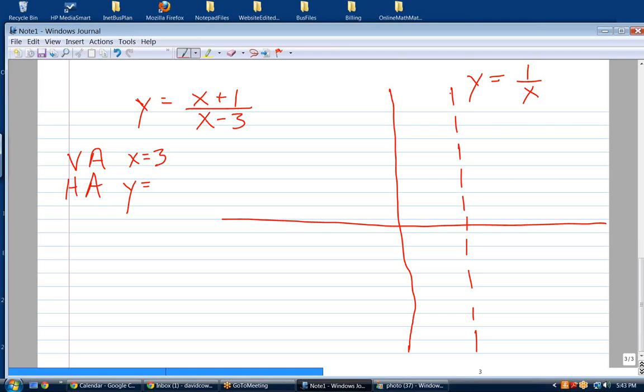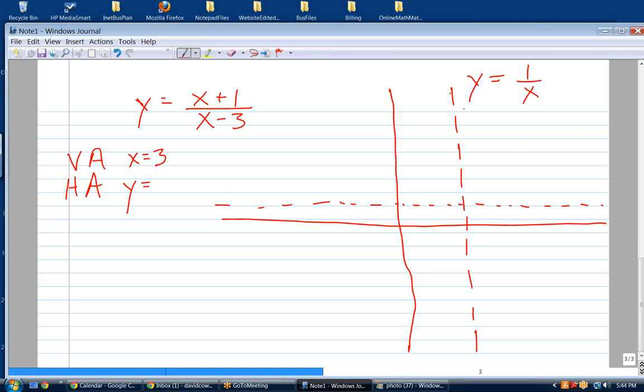If the denominator is a bigger power than the numerator, then the horizontal asymptote is y equals 0. But in this case, the horizontal asymptote is y equals 1. So there's our dotted line grid that we're going to create this hyperbola.